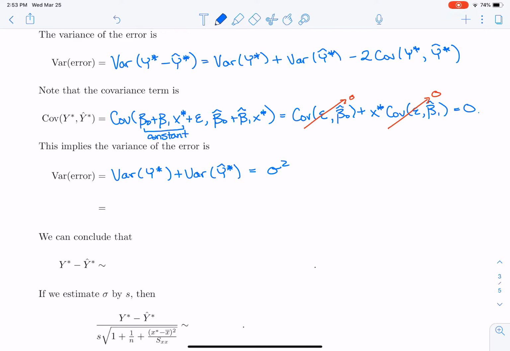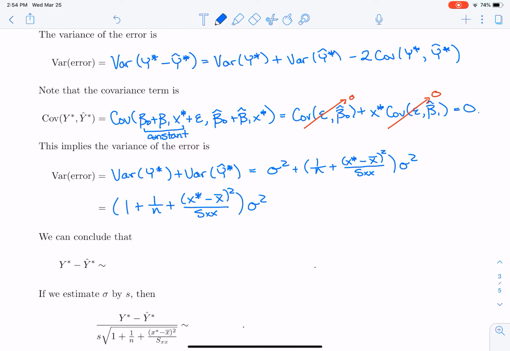And then the variance of y star hat, that's going to be what we calculated before, 1 over n plus x star minus x bar squared over S sub xx times sigma squared. So what I'm going to do is factor out the sigma squared so that I get 1 plus 1 over n plus x star minus x bar squared over S of xx, times sigma squared.